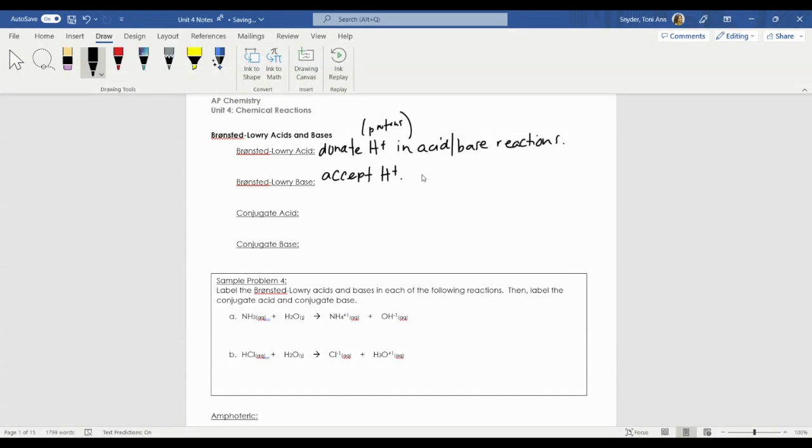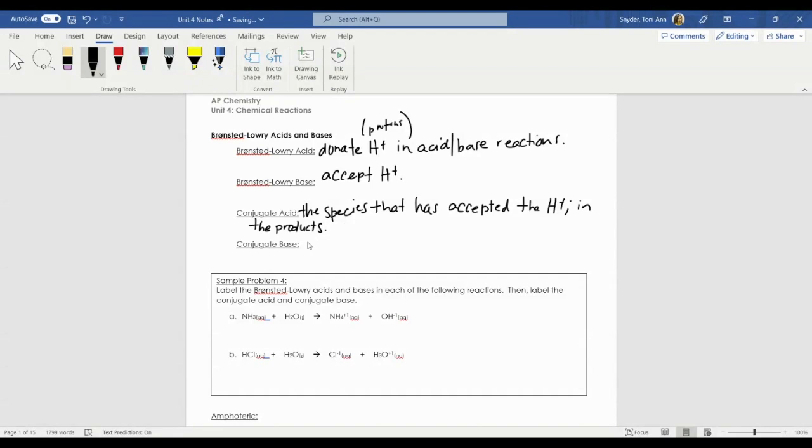The conjugate acid is the species that has accepted the proton. This is found in the products. So our conjugate acid is the species that accepted the proton, whereas the conjugate base would be whatever's left over after the proton has been donated, right?